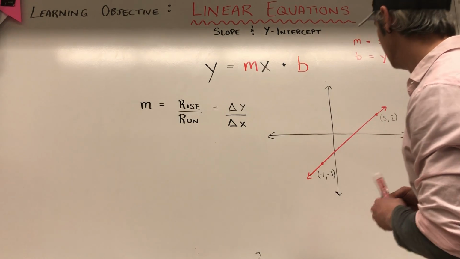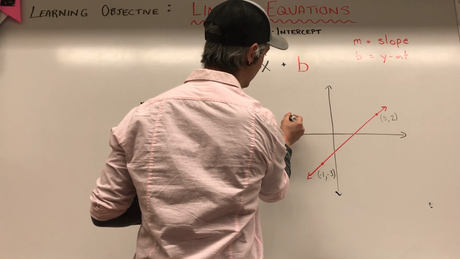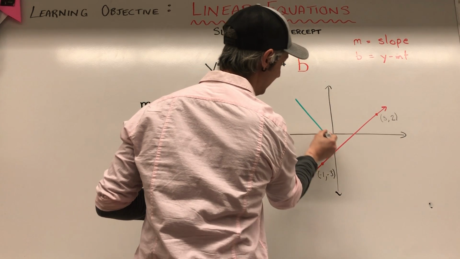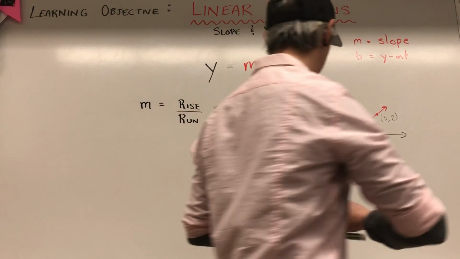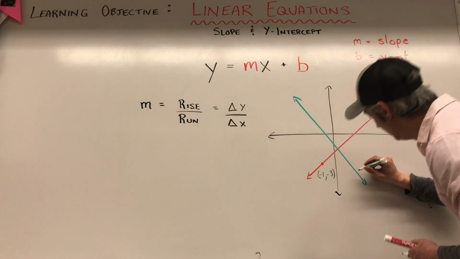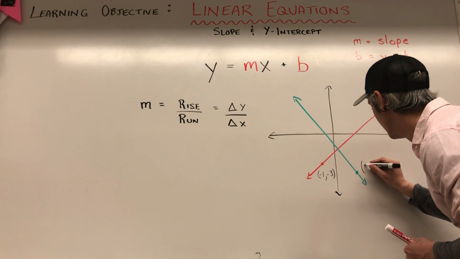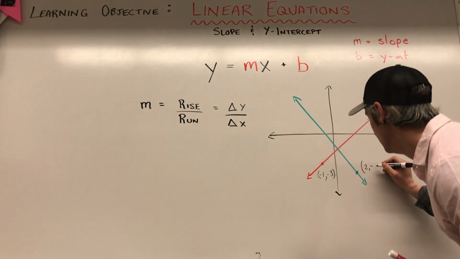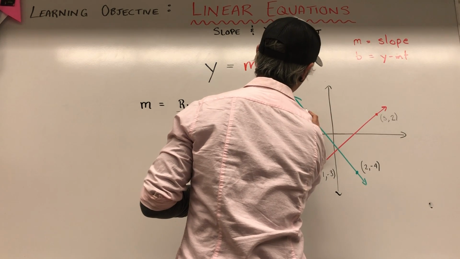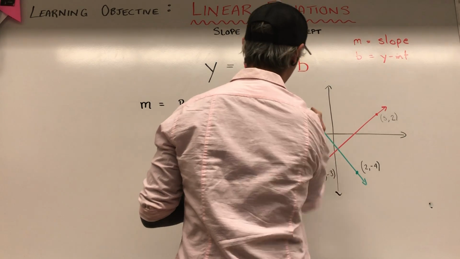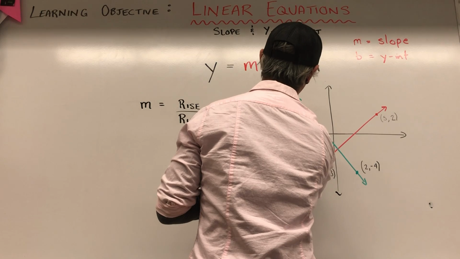And my second line that I want to figure out the slope of, let's say it goes like this. It's a little steeper, and it has a data point here, we'll say that is (2, -4), and I've got one way up here, that is (-3, 3).